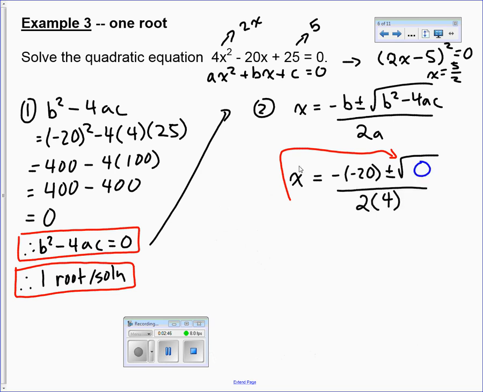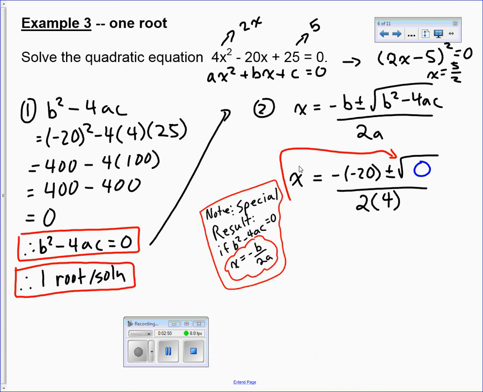All right, so now we get x is equal to that. And I'm going to hint on something. There's a special result when we do this. So because we get the square root of 0, it's just 0, right? It means nothing. So the answer for this is we're getting x is equal to negative b over 2a, and that is a special result for us.